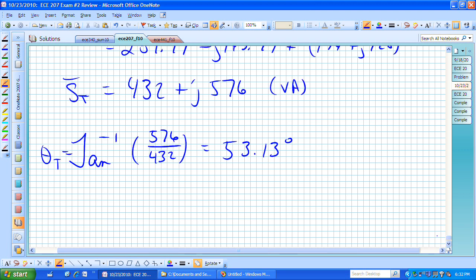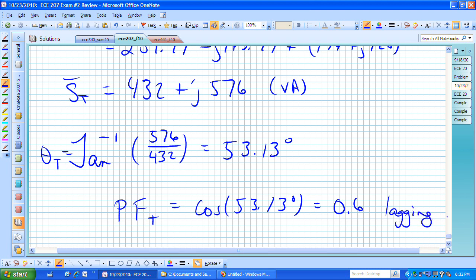And it has a positive angle, so the power factor of our total load is now the cosine of 53.13 degrees, and that's going to be 0.6. Because it was positive, it's now a lagging power factor, and that now completes or finds all of the parts that we needed for problem number 4.